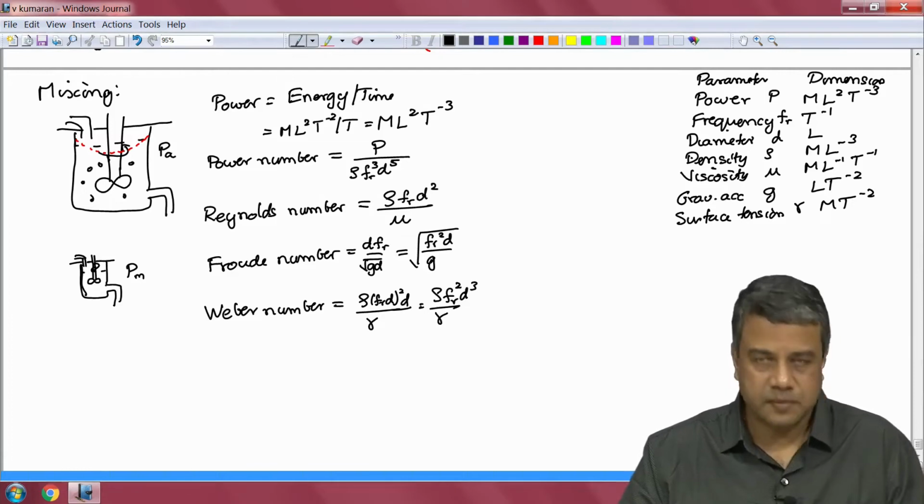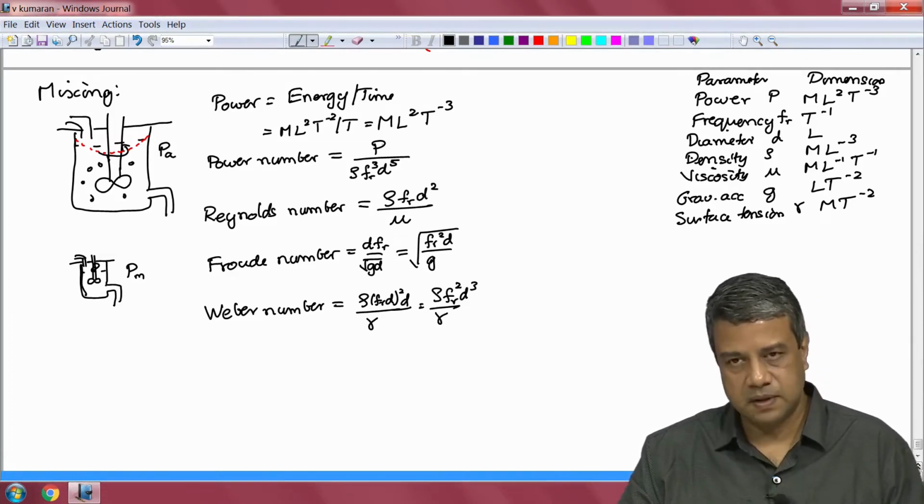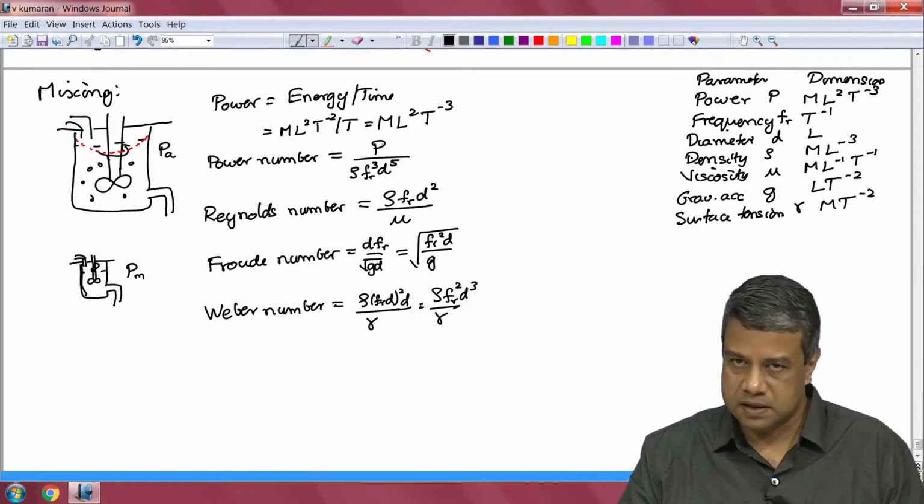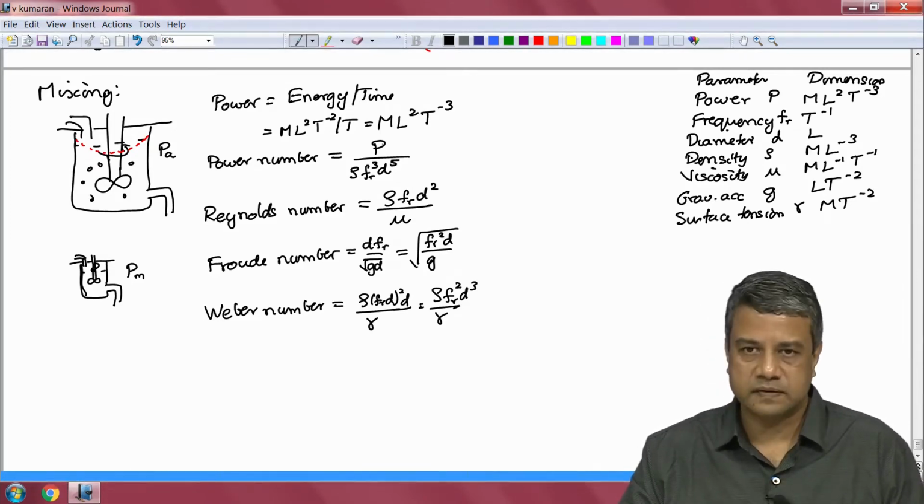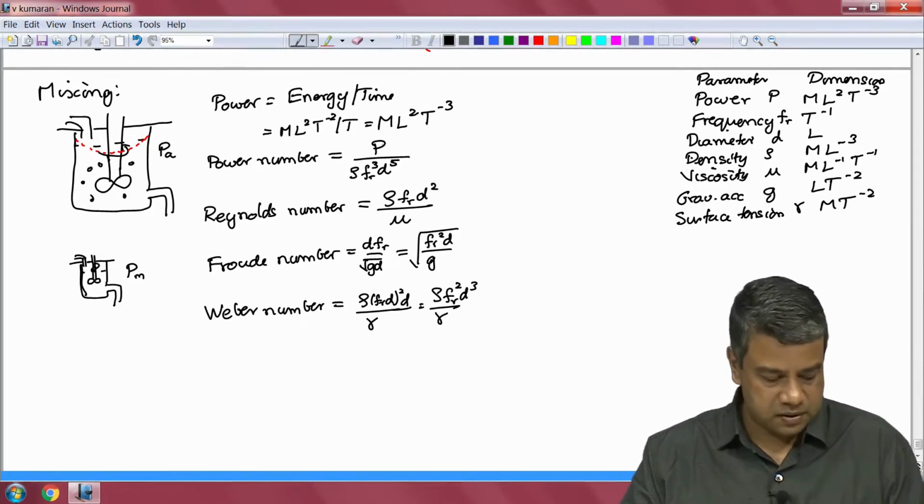So, these are the dimensionless groups that are ratios of inertia and viscosity, inertia and gravity, inertia and surface tension, and the power number has to depend on these.